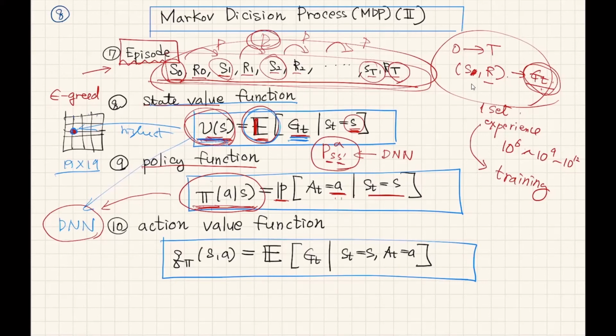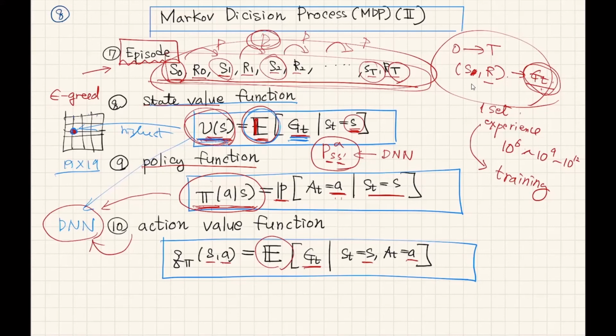The third important function that can also be represented by a deep neural network is the state and action function. When you are in state S, if you make an action, what is the total expected return? That is called the state action function.